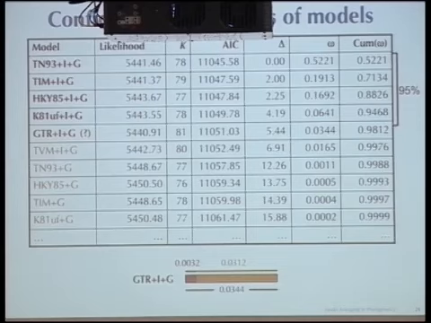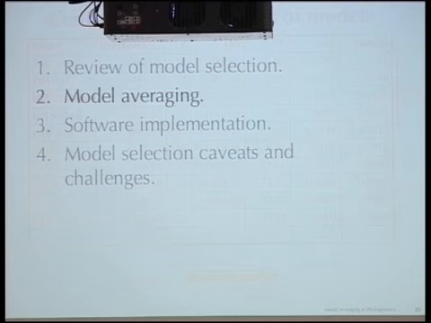So that's a way of building an exact confidence interval. And then we might decide that instead of working with one model, if we really care about our tree, we might want to work with the 95% confidence interval of models. So it's more work, but we have more computer power now.